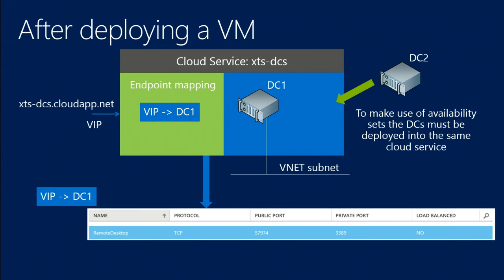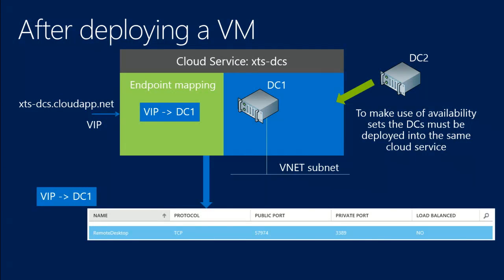The other thing is your cloud service will have a URL associated with it. In this particular case, it's xts-dcs.cloudapps.net. That is a public, fully qualified domain name that resolves to a public virtual IP address. While that cloud service is up and running, that VIP will never change.